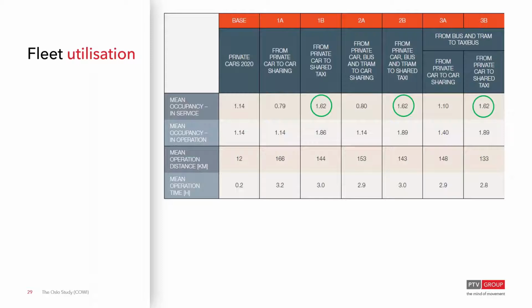And we've got an occupancy of 1.62, generally the same across all of the rideshare scenarios, and that compares to an occupancy of 1.14 for today, which is a blend of driver and passenger composition. 1.62 doesn't look so good, but you have to consider that you've got 28% or whatever it was of empty miles, so that's reducing the occupancy, and of course there is a lot of time when the vehicle only has one person on board.